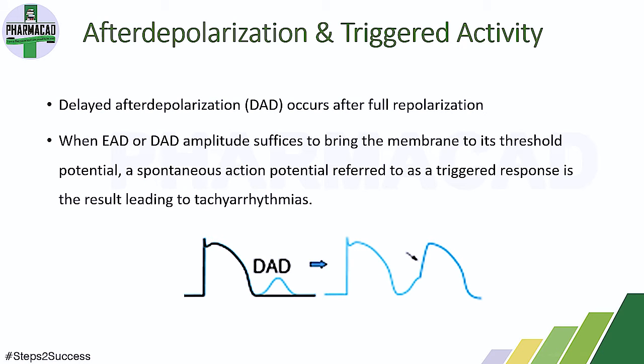Now coming to delayed after depolarization. इसमें क्या difference है compared to early? This action potential will start once the previous action potential is over. The membrane comes to resting potential, तब आएगा. The only problem here is ideally इसको भी maybe यहाँ से start होना चाहिए था after some time the next action potential, but here itself the depolarization happened, it reached threshold potential, and that's why it got converted into action potential here itself.